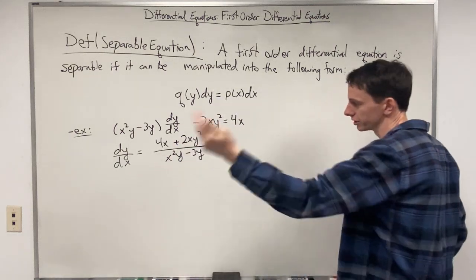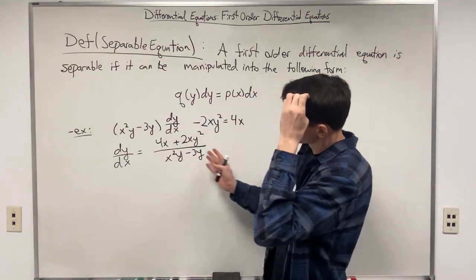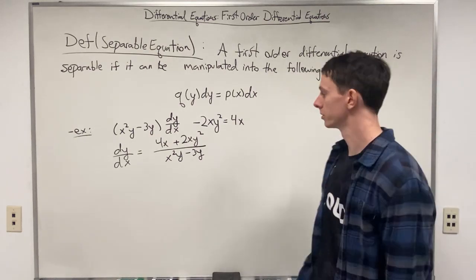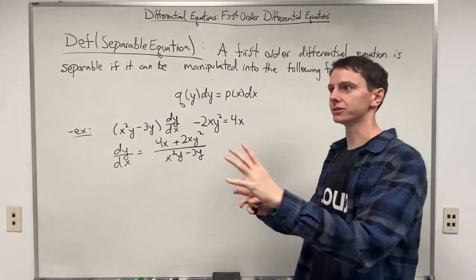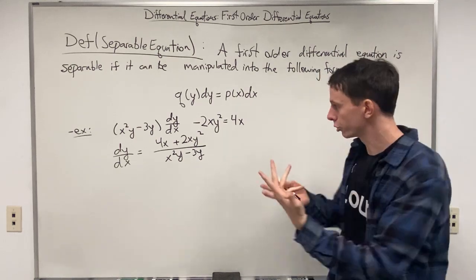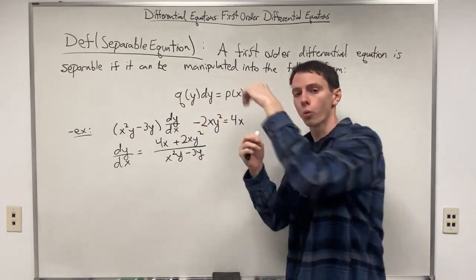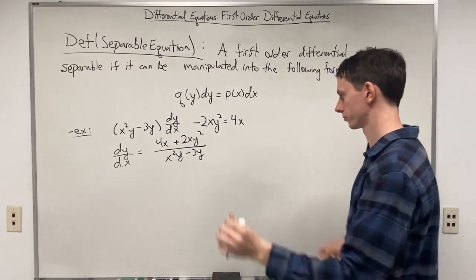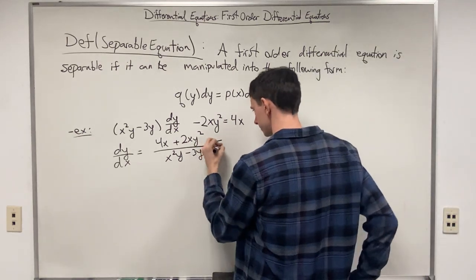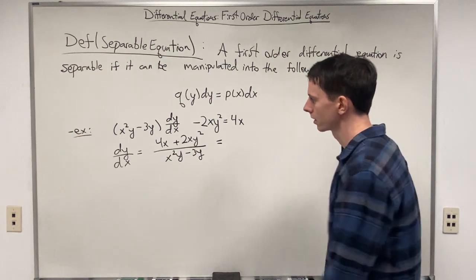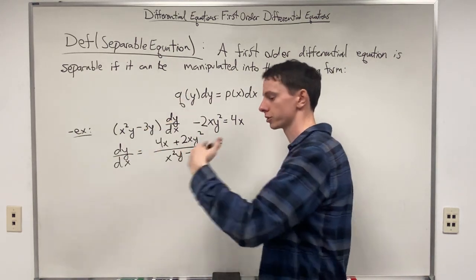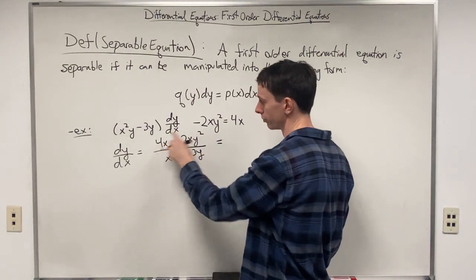And usually, once you have something isolated like this, you want to just factor out as much as you're able to, and then see if you're able to manipulate the equation so that it gets in this form once you've done all the factoring. And we're going to go through the example right here. So in the numerator, I noticed that I could factor out a term of 2x from both terms.